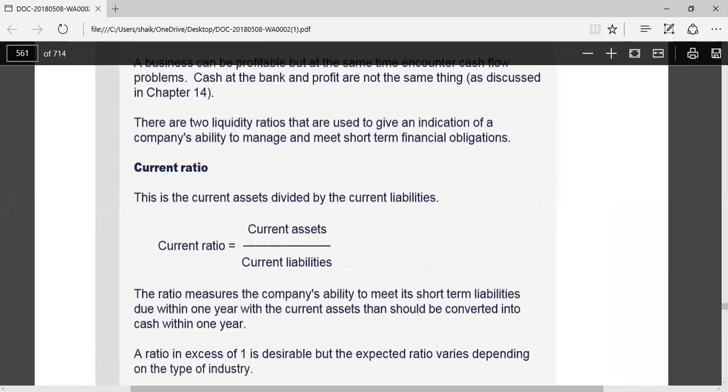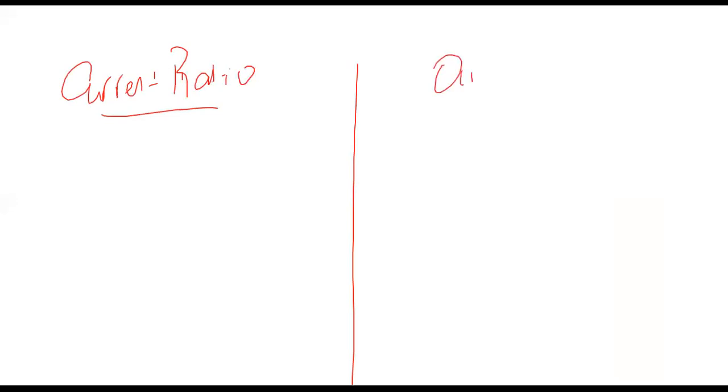We had also seen 2 differing ratios, that is the current ratio and the quick ratio, or acid test ratio.